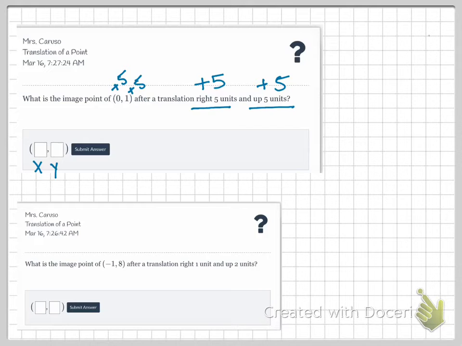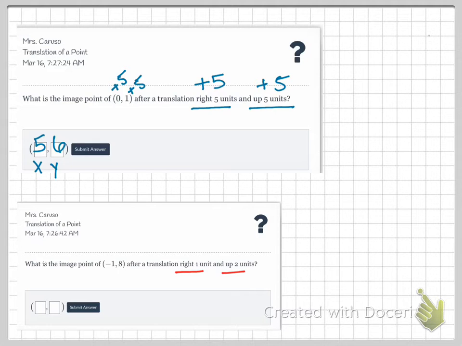So 0 plus 5, because I am moving right 5, would be 5. And 1 plus 5, because I'm moving up 5, would be a 6. So the answer would be 5, 6, the new image. Let's try another one. The next one says translate right 1, and again, up 2.